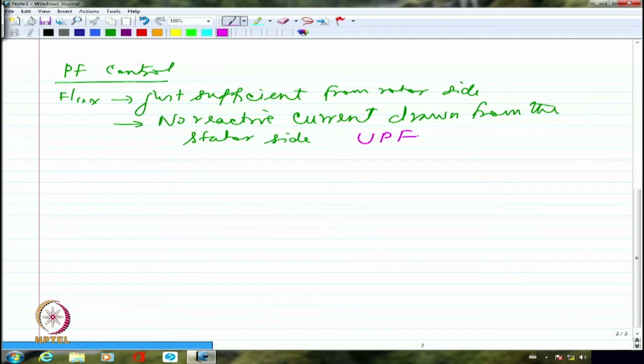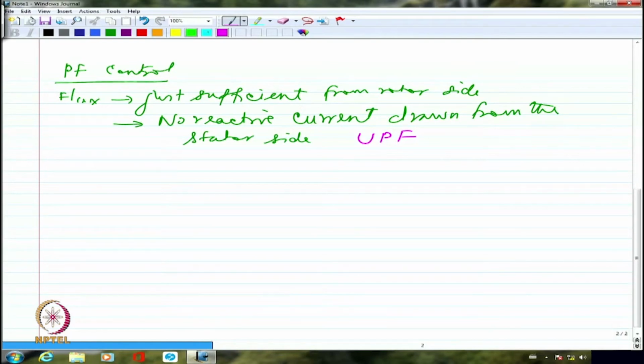So it will behave as though I have connected a resistance basically in the system. That is, if I have connected three resistances to the three-phase supply, for example, it will draw unity power factor current. So it will essentially behave somewhat like that, depending upon how much torque it has to develop.